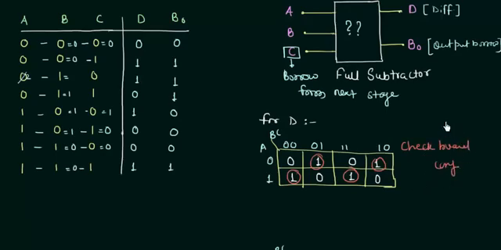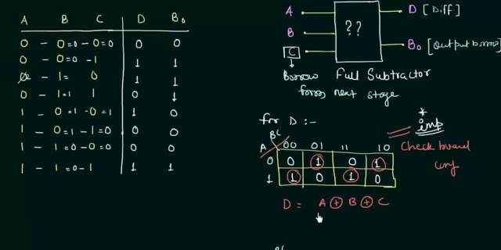And whenever this type of case appears in your K map, we call it a checkerboard configuration. And whenever you are having a checkerboard configuration, the difference is directly written as the XOR combination of the inputs, which means that D is equal to A XOR B XOR C. It is a very important thing. You have to remember this in your papers.